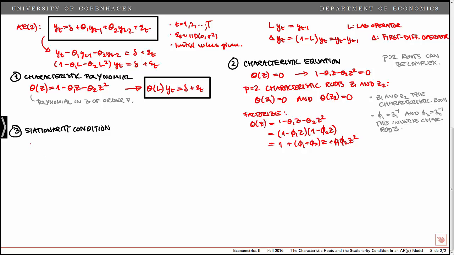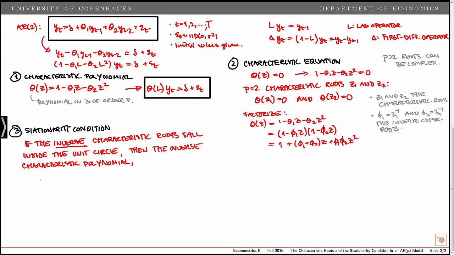The stationarity condition says that if the inverse characteristic roots fall inside the unit circle, then the inverse characteristic polynomial given by theta of z inverse, which is an infinite polynomial, we can write that as 1 plus c_1 z plus c_2 z squared plus c_3 z to the third power, and so on.